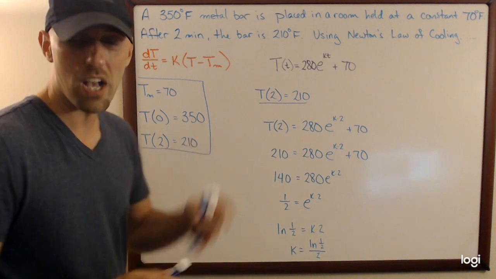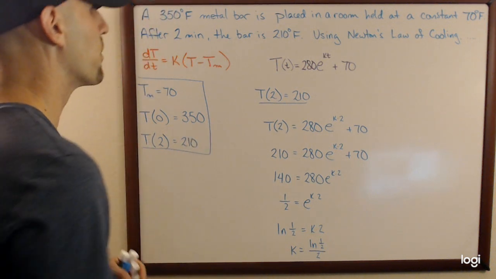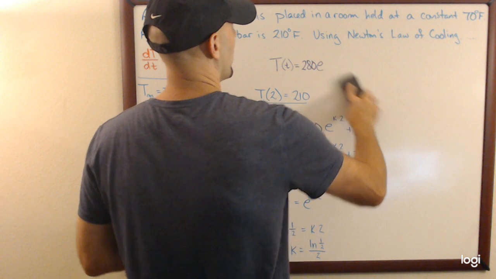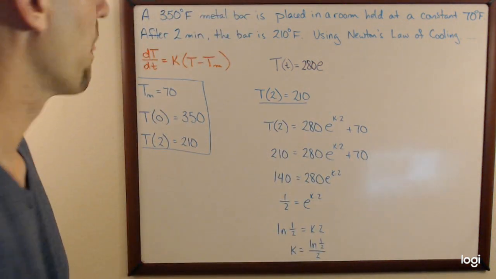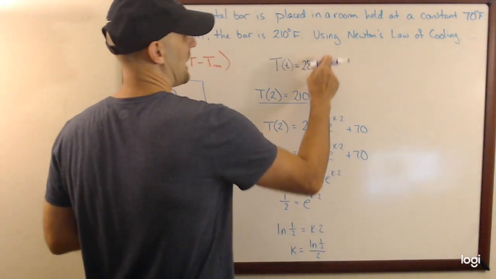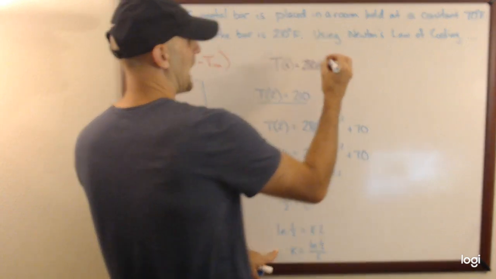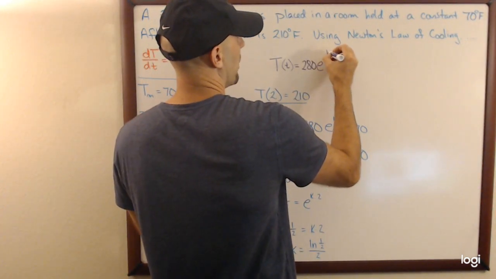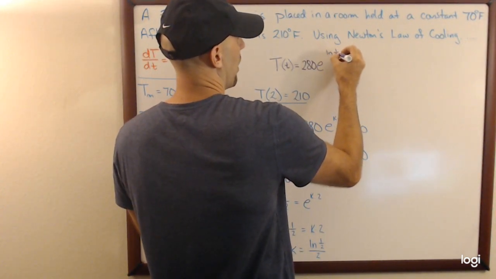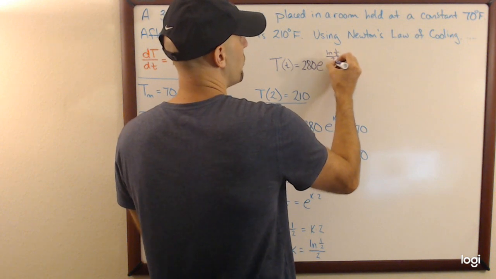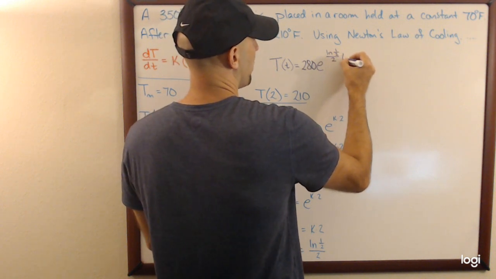But what this does is that this finally fixes my model, right? Because instead of it being e to the kt, I know what k is. K is the natural log of 1/2 over 2. Please do not type this into your calculator.